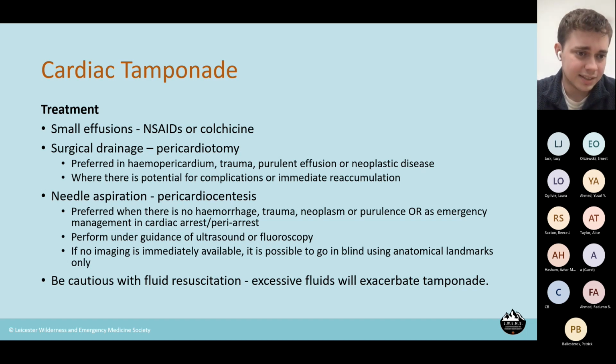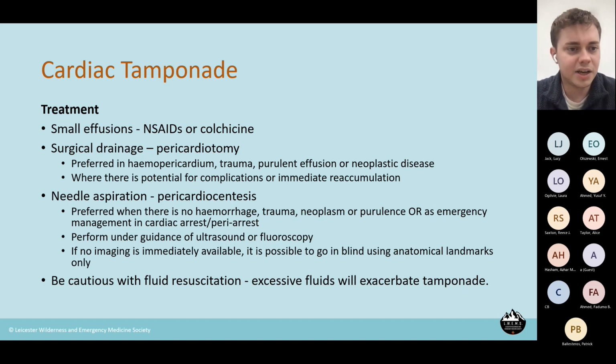But in other cases, you can do needle aspiration called pericardiocentesis, or in emergency management, when they're already in cardiac arrest or peri-arrest, preferably under guidance of ultrasound, sometimes fluoroscopy if you're in the cath lab. But if no imaging is available, it is possible for someone that's trained to go in blind using just anatomical landmarks only.